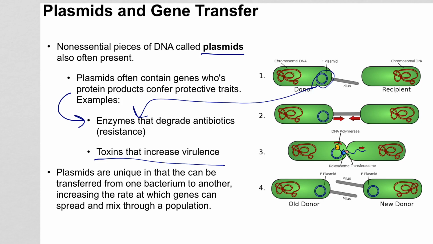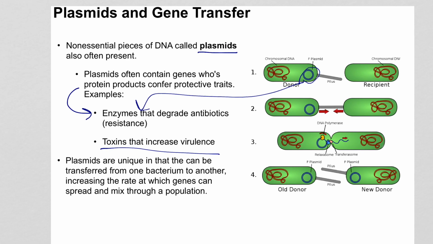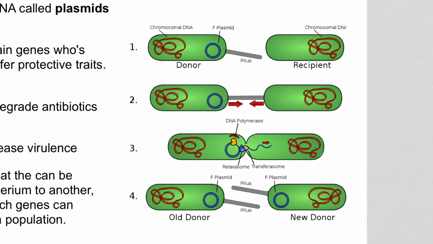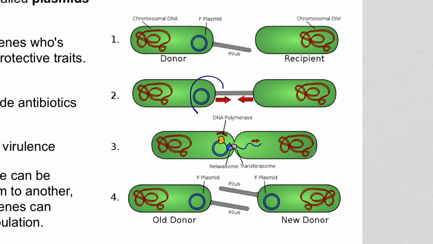But the thing that makes plasmids sort of extra dangerous is that they can be transferred, and that's what this is showing over here. So it's not like a chromosomal piece of DNA where it can only be passed off to offspring. Plasmids can actually be copied, passed on to a completely different cell, and it's rare, but it is possible that this recipient cell, the one that got the plasmid, could even be a different species or strain of bacteria.